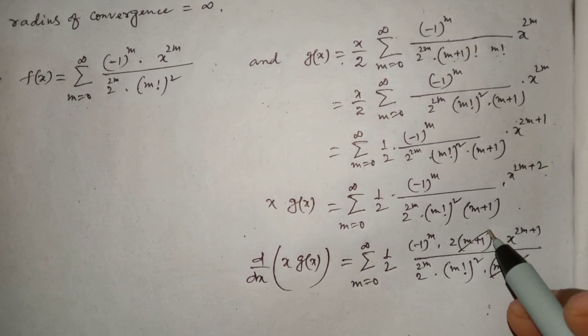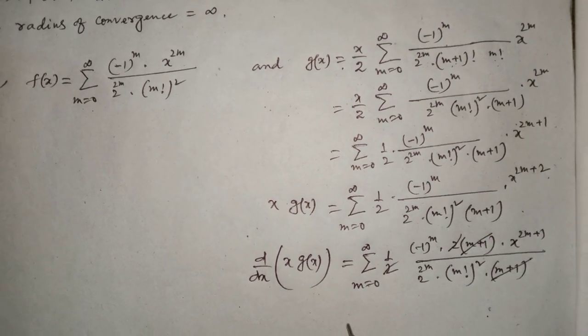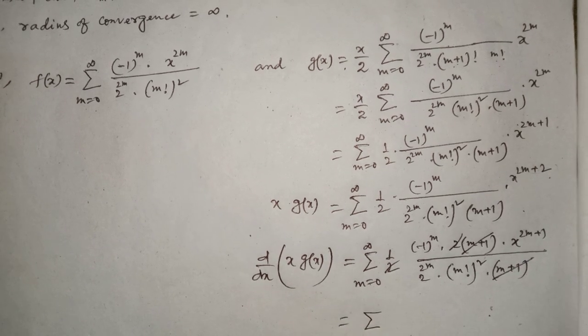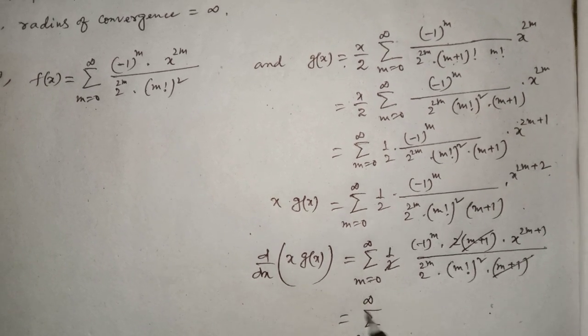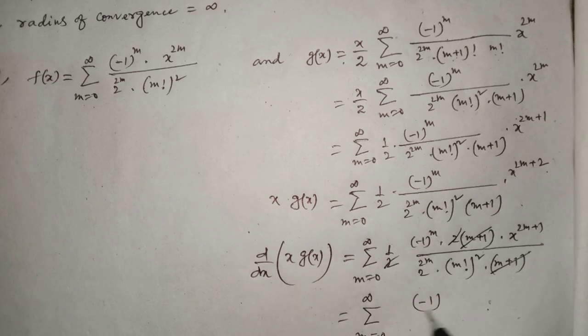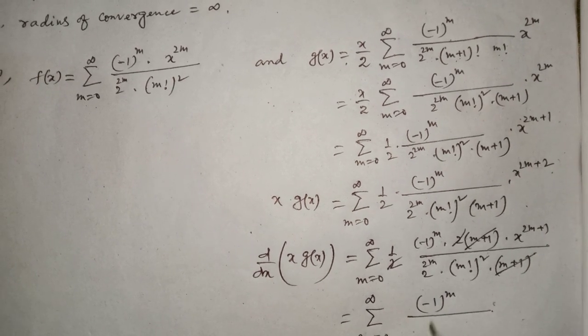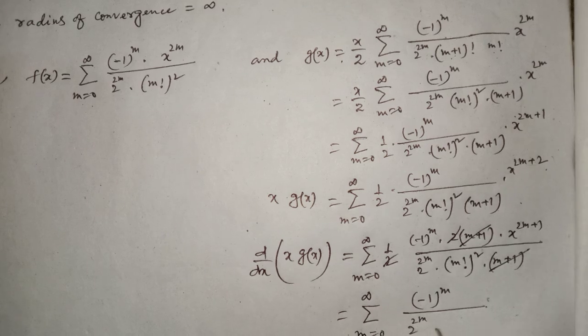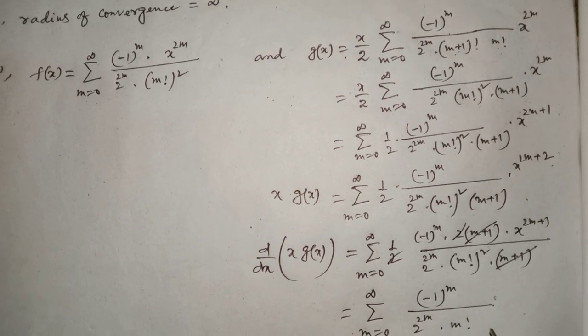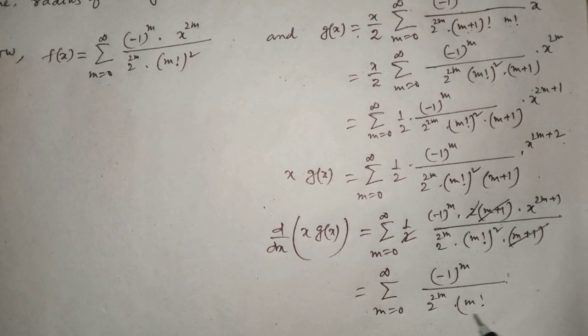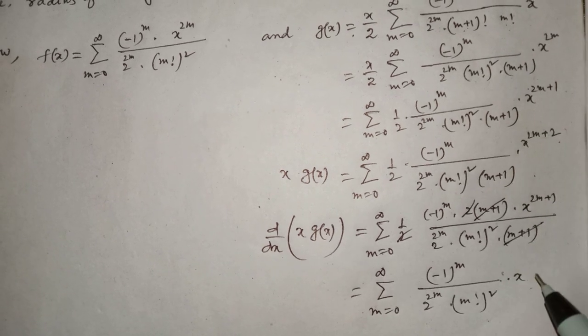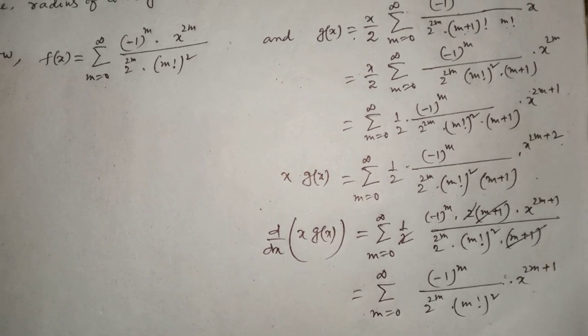The m plus 1 and 2 cancel. So we get summation m equal to 0 to infinity, minus 1 whole to the power m by 2 to the power 2m into m factorial whole square into x to the power 2m plus 1.